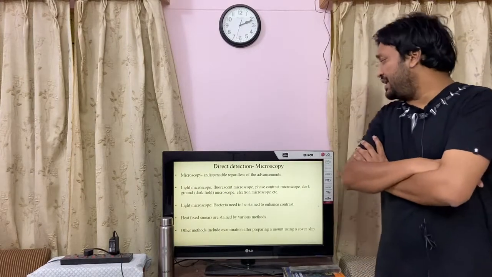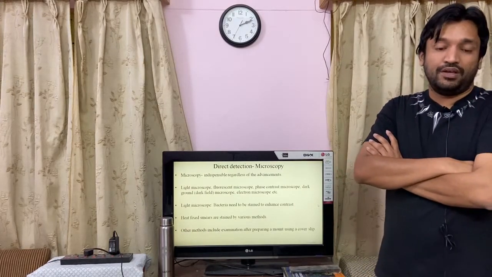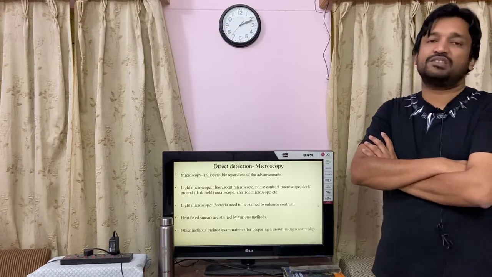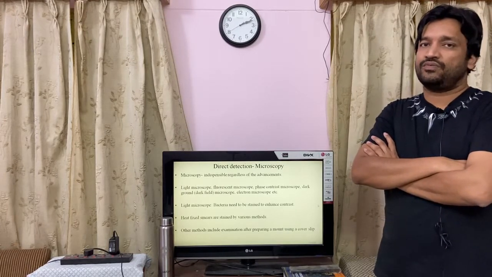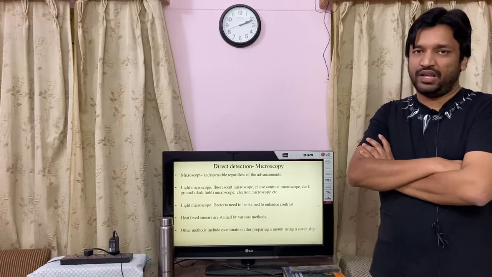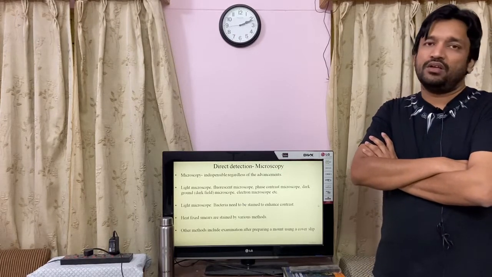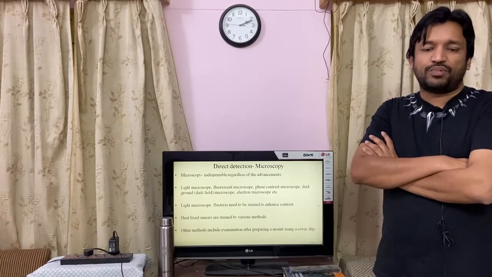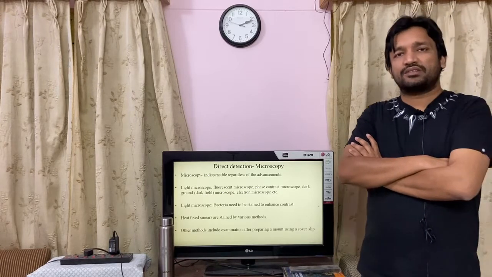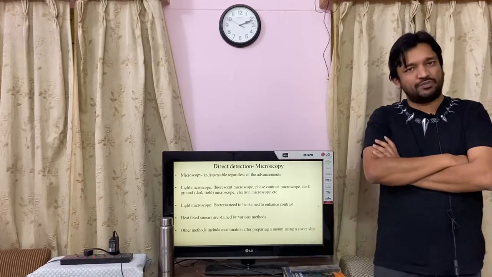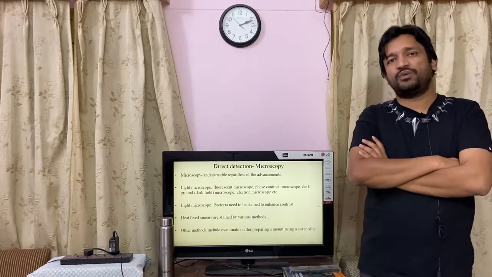Next topic is direct detection or microscopy. It is an indispensable technique regardless of whatever advancement we make in microbiology. Light microscope, fluorescent microscope, phase contrast microscope, dark field microscope, electron microscope, LED microscope.